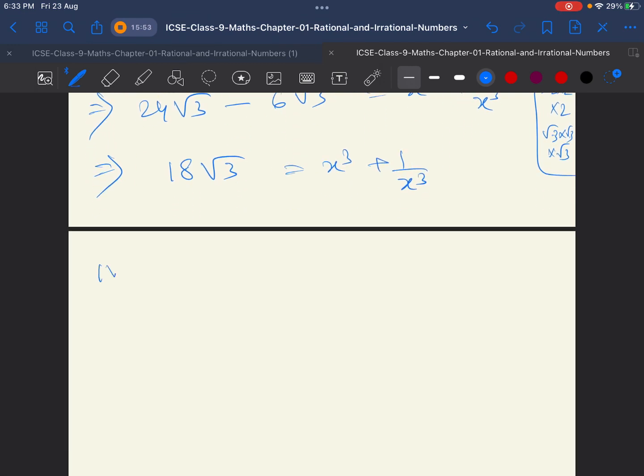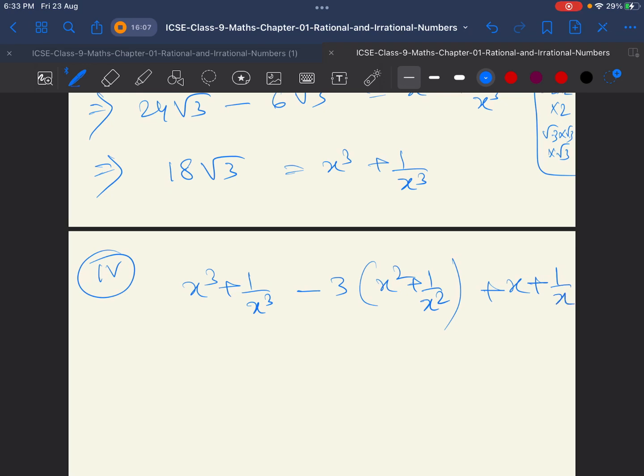Now question number 4, x cube plus 1 by x cube minus 3 into x square plus 1 by x square, plus x plus 1 by x.